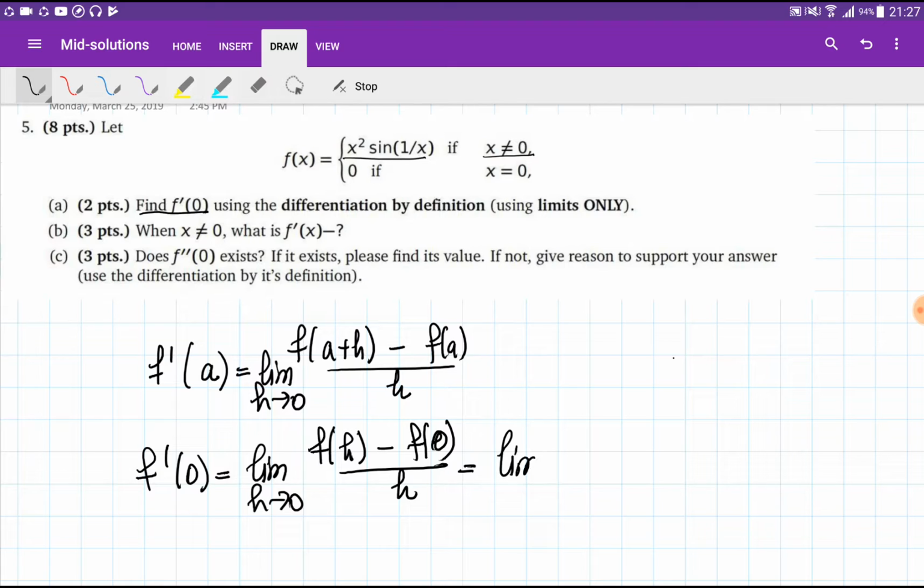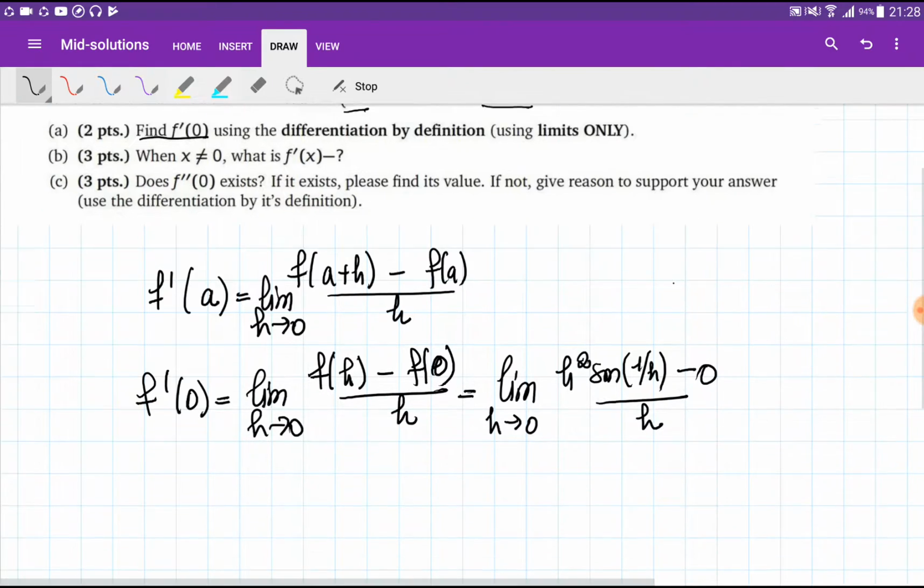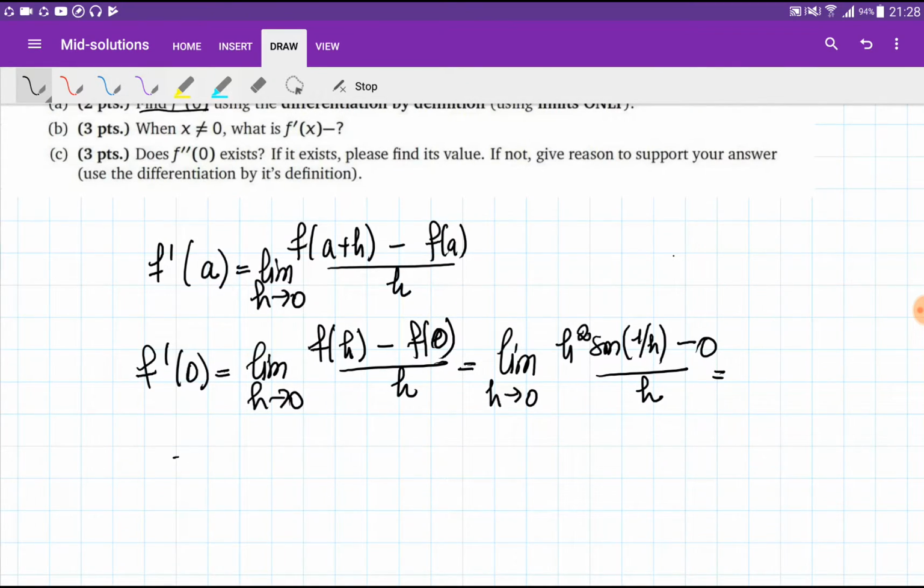So it will be the limit as h goes to 0 of h squared multiplied by the sine of 1 over h, minus f of 0. When I put the argument equal to 0, I have 0, divided by h. So we need to find the limit when h goes to 0 of h multiplied by the sine of 1 over h.